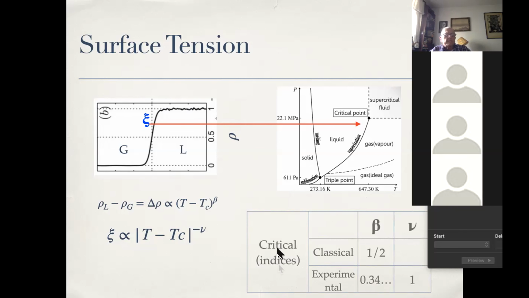The coefficients like beta and nu are called in physics critical indices. And the value of the critical index beta calculated classically is equal to 1/2, but the experimental value is 0.34. And nu classically might have very different values, so I have not written it here, but experimentally it is of the order of 1.